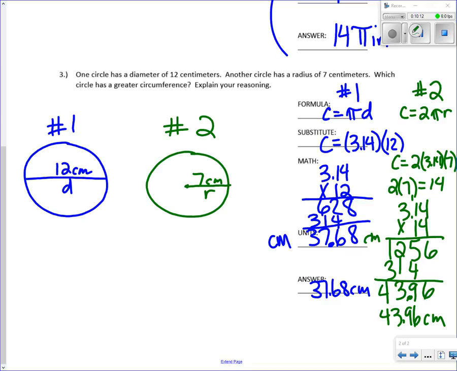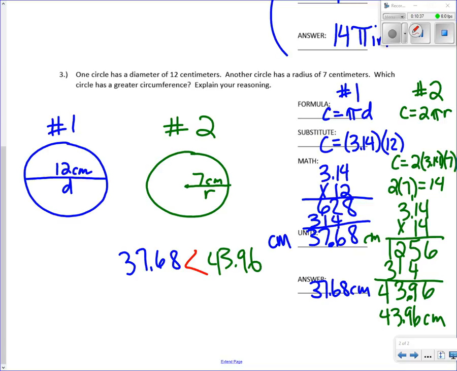It says, which one has the greater circumference? So we have 37.68 and 43.96. Our number 2 is greater because 43 is obviously larger than 37.